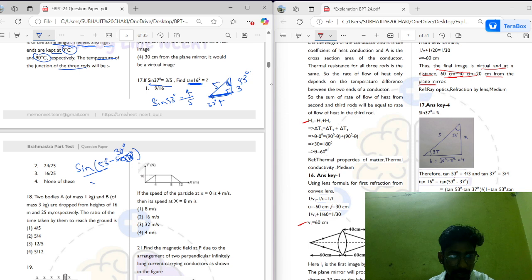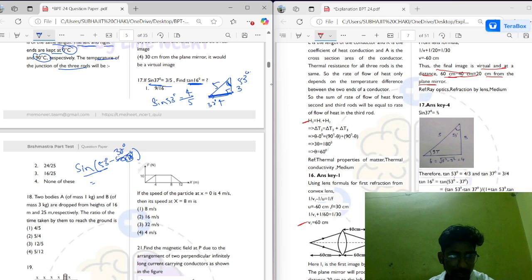That means the total work done is 80 joule. But you don't have to calculate this, so it will become 20 only. So it will become 60 joule.